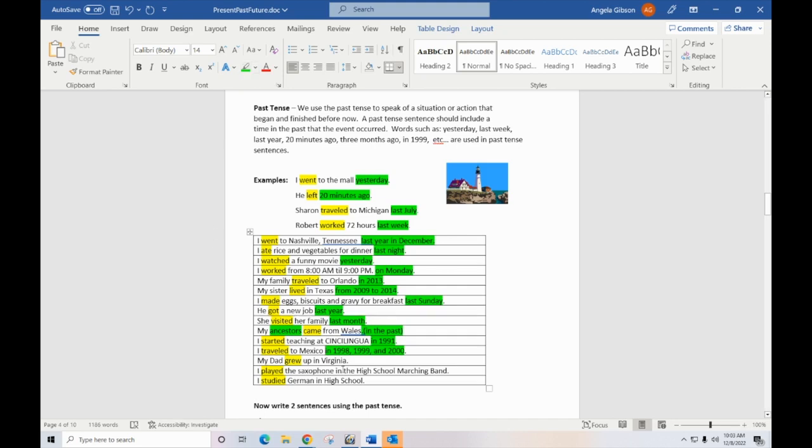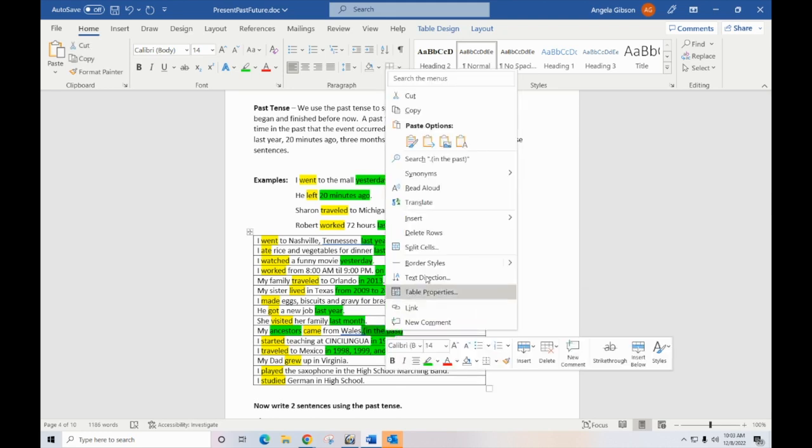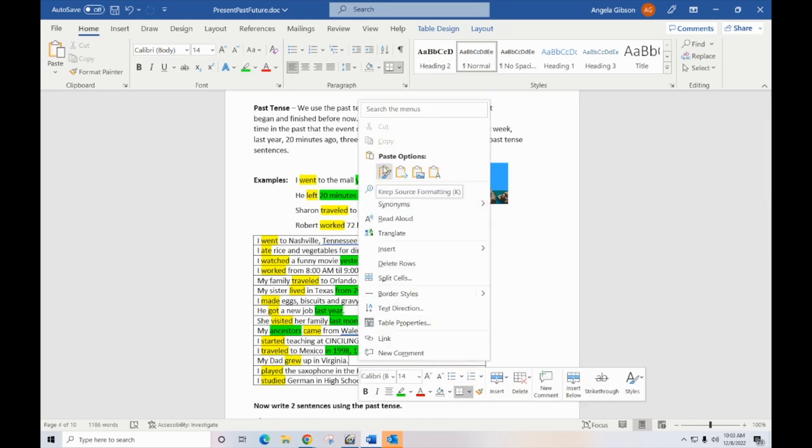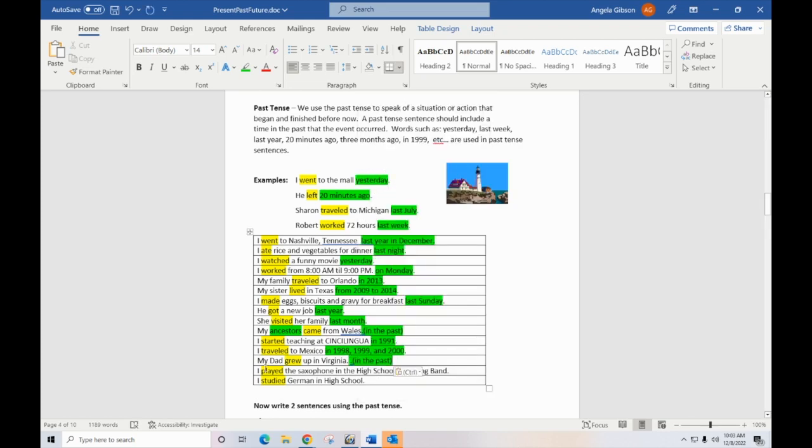My dad grew up in Virginia. Okay, so I'm going to copy this because this is exactly the same idea. My dad is not a child right now. He grew up. So the time that you're growing up is when you were a child.